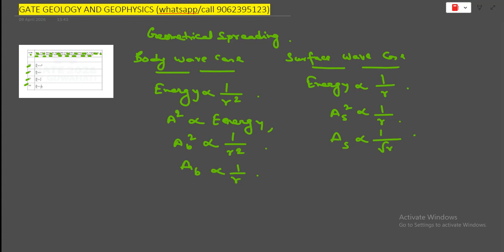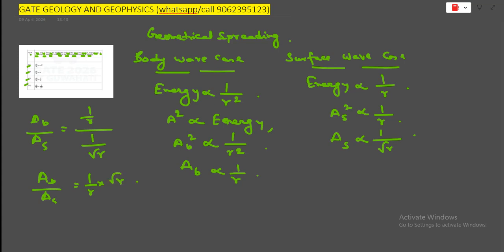Now let's look at what the question actually wants. It wants the ratio of the body wave amplitude to the surface wave amplitude, right? So let's set up our battle of the amplitudes. We get AB by AS equal to 1 by r divided by 1 by root r, right? Now don't let the fraction scare you. Let's flip that denominator like a pancake. So AB by AS will be equal to 1 by r into root r.